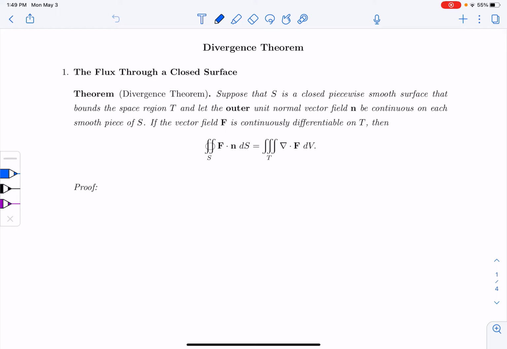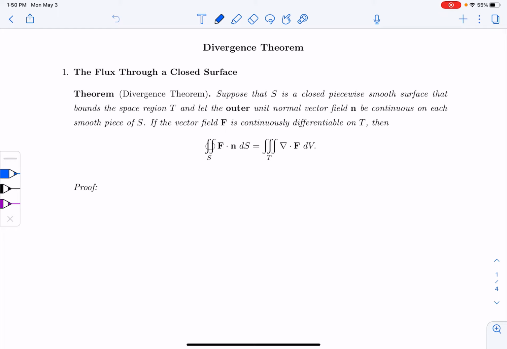We're going to give you a sense of the proof of this theorem in a similar way to how we proved Green's theorem. So we're going to consider this theorem on a simple region, like a type 1 or a type 2 region in 2 dimensions, but we don't have those descriptors in this case.